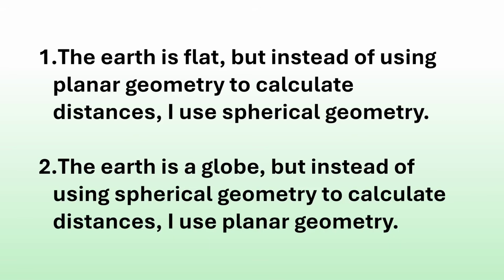Second question. There are two propositions on the screen. What you guys are doing is obviously number one, you think the Earth is flat, but you assume globe geometry to get your distances, which means you treat latitude as the angle from the plane of the equator, and your longitude as the angle around the polar axis passing through that equatorial plane.